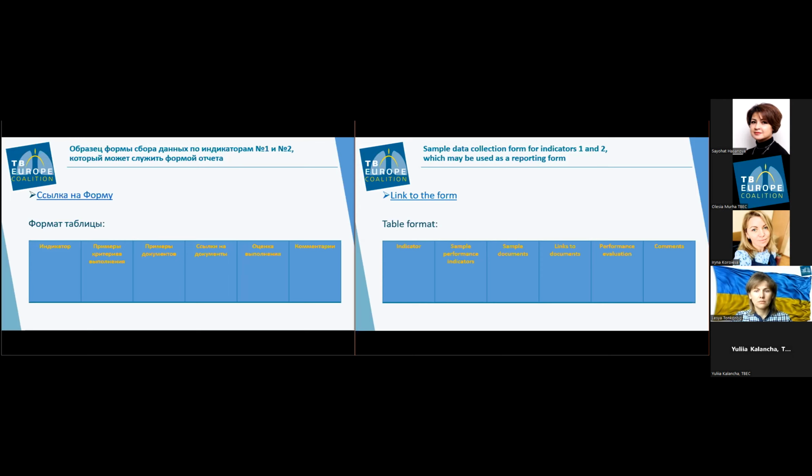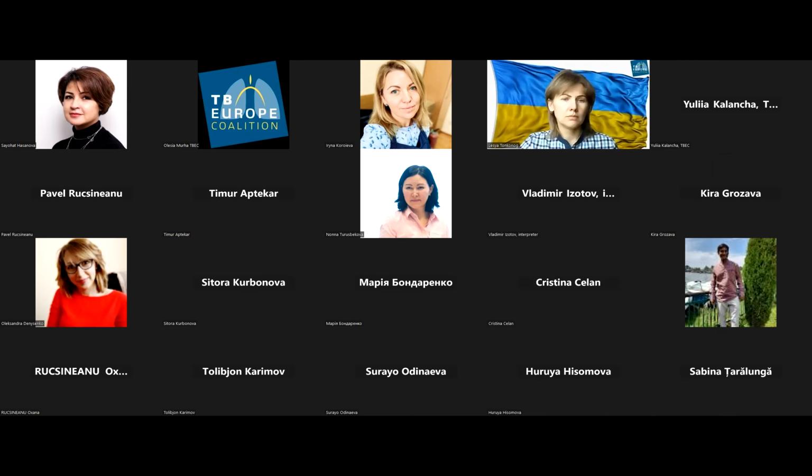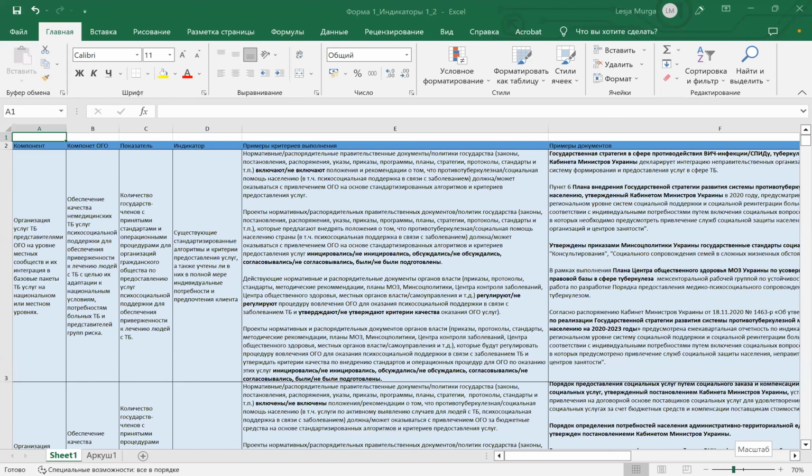And since we have covered indicators 1 and 2 and we have the same approaches there, I suggest that the organizers now show us a template of that reporting form for indicators 1 and 2. And if you look through the document, you will see that it is easy.